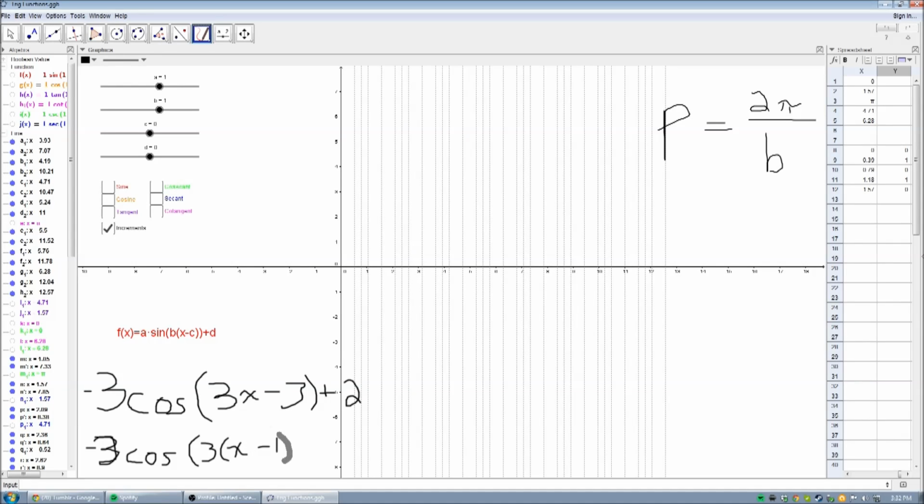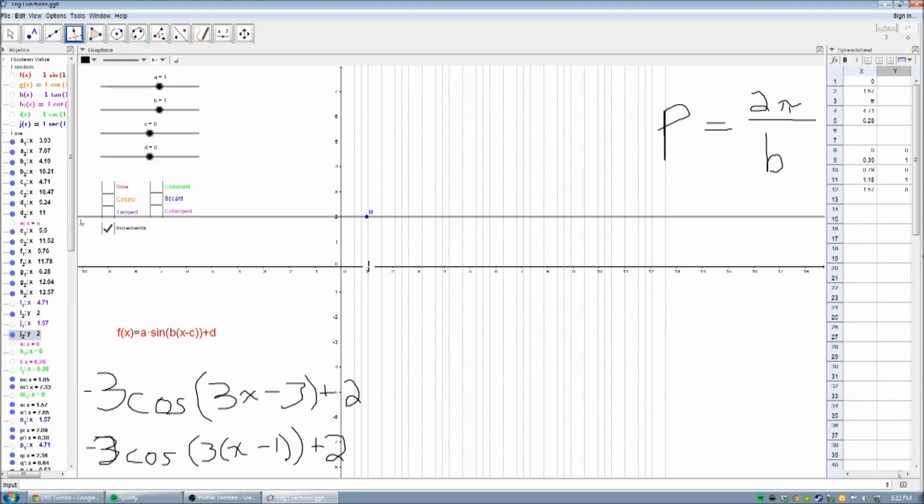This is a little easier to see that our horizontal shift will be +1, because it's what makes this 0. So our horizontal shift is +1, our vertical shift is +2, so I want to put a point at 1, 2. This is going to be the center of my graph.